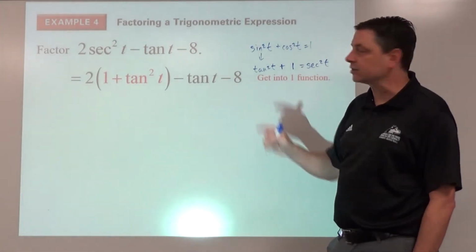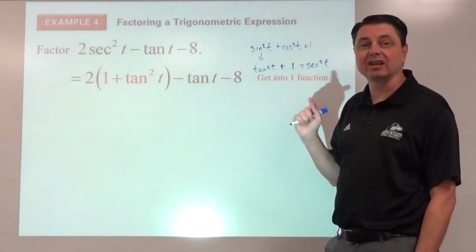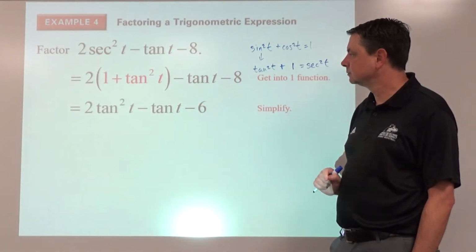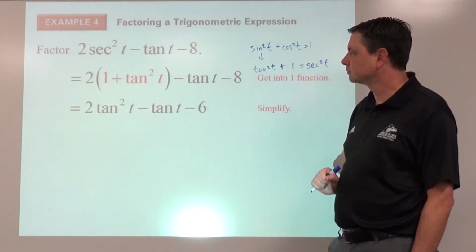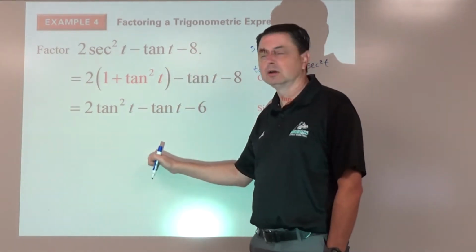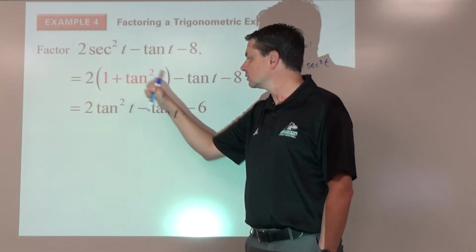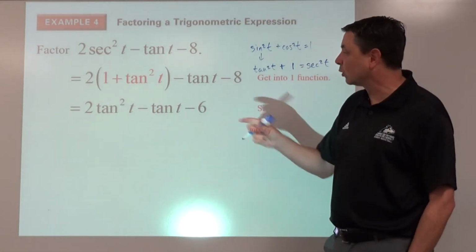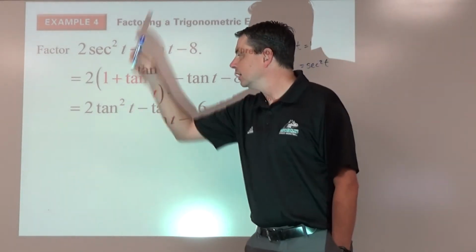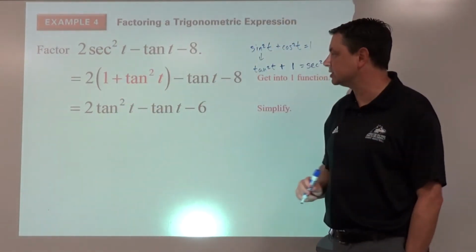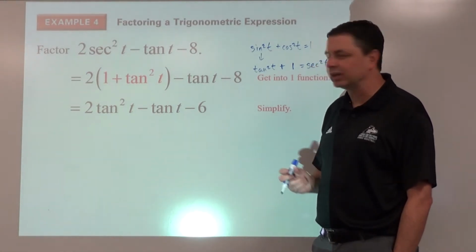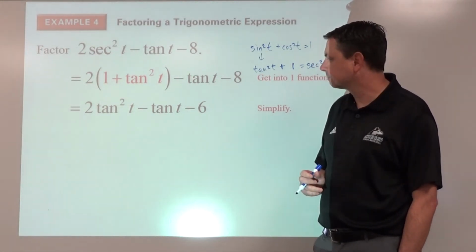Now we still can't factor yet because we're going to need to distribute and combine like terms. Make sure it's in the correct order. Squareds, tangent t, constant. Now we're ready to factor. It's got to be 2 tangent t in the front and tangent t, something like maybe a minus 3 and a plus 2 or something like that.